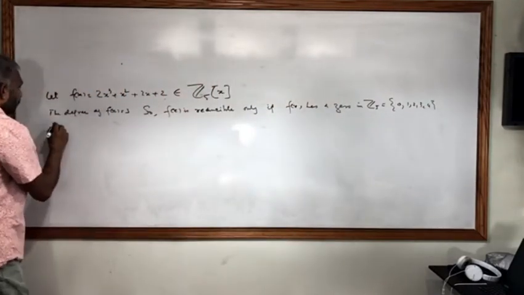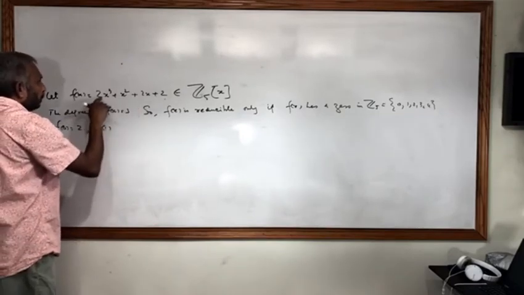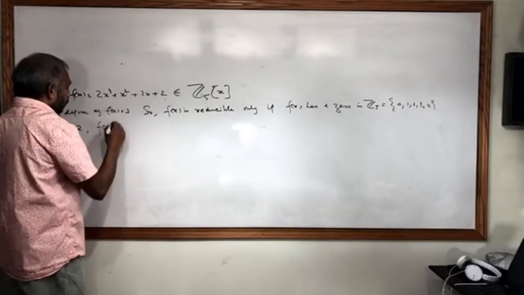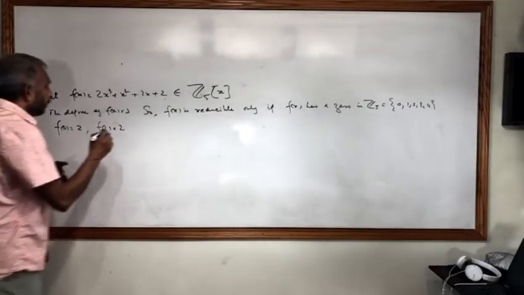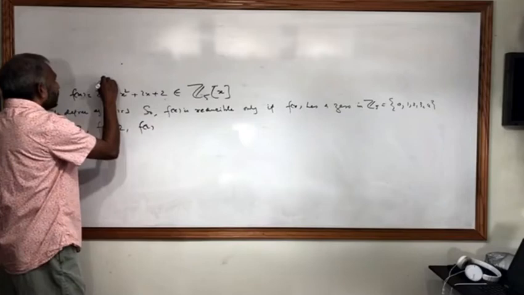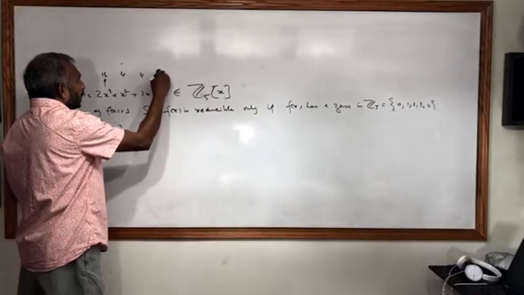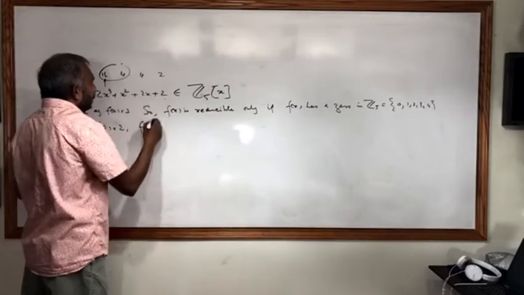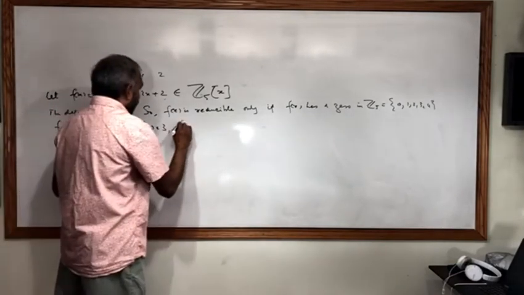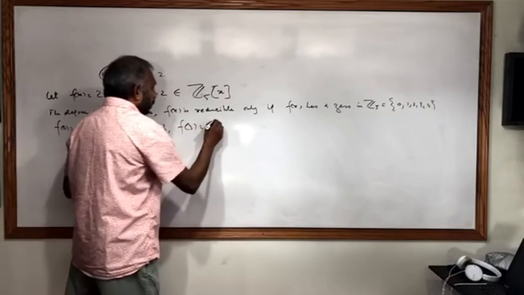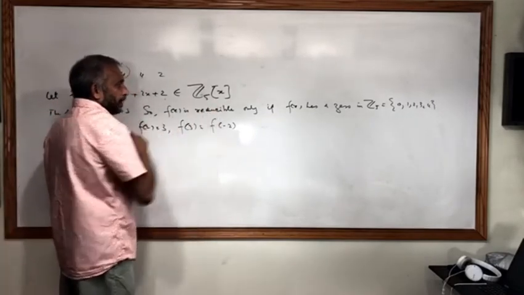So f(0) is going to be 2. f(1), this is 2 plus 2, 5, so this is equal to 2. f(2), this is 16, and this is 4, this is 4, and this is 2. So this is 8, 8 is 3. So f(3) is equal to f(minus 2), because 3 is minus 2 in Z5.